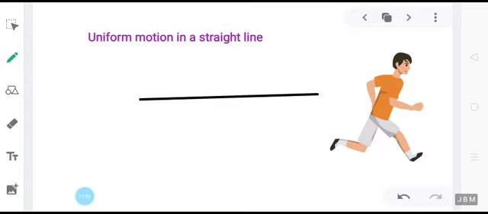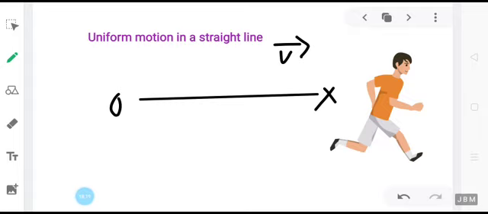For that, consider an object in uniform motion along a straight line OX with velocity V. Let point O be the origin for position measurement.